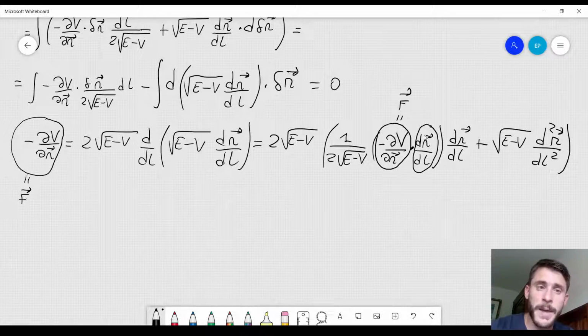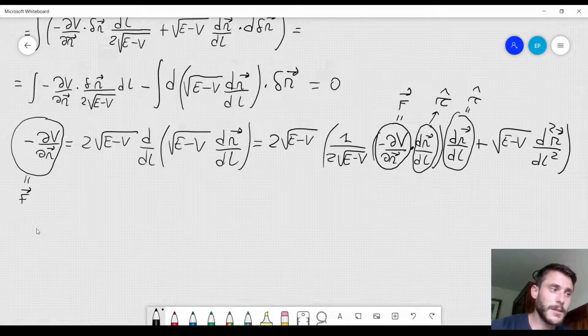dr has the same magnitude as dl, so this is a unit vector and it is directed along the tangent of the curve. So I can just call it tau hat, which is a unit vector tangential to the curve, and this is also tau hat.